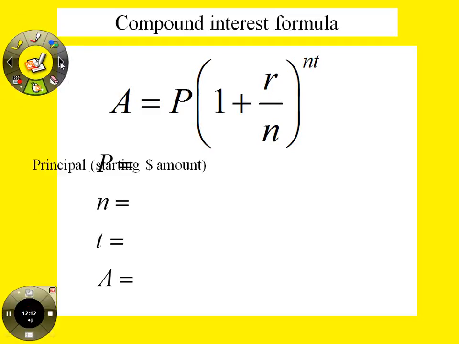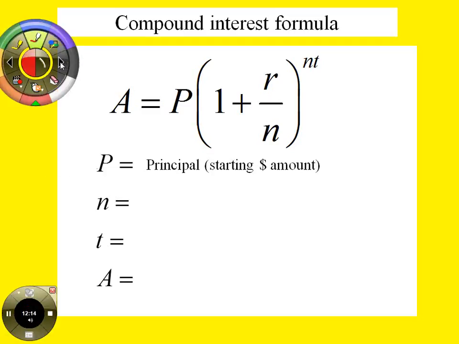So let's talk about the pieces here. P is always the principal. That's the starting amount that you borrowed or the starting amount that you put into an account. The N is the number of interest periods per year, however many times it compounds. If it compounds quarterly, then we would say 4 times a year, every quarter of the year.